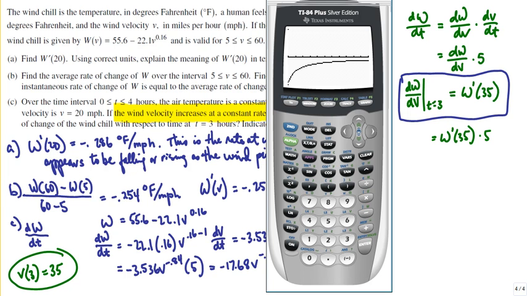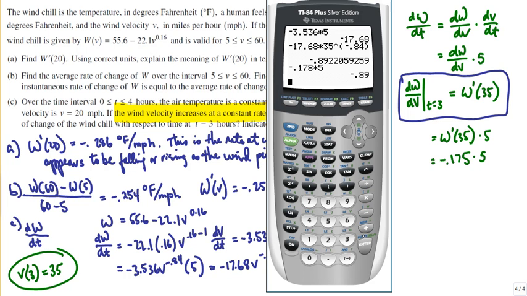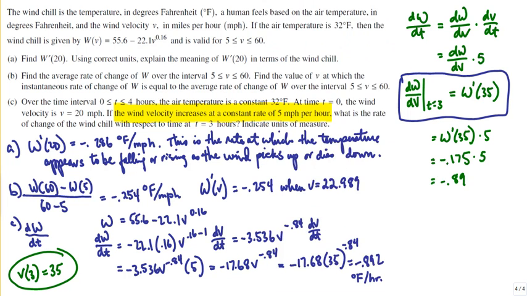I'm not looking for a derivative. So I'm going to do second calc, value, which is option 1, and plug in 35, and it gives me negative 0.178. Back on the main screen, negative 0.178 times 5 equals negative 0.89. Now I really needed that extra decimal place in there, and I must have cut it off at some point.